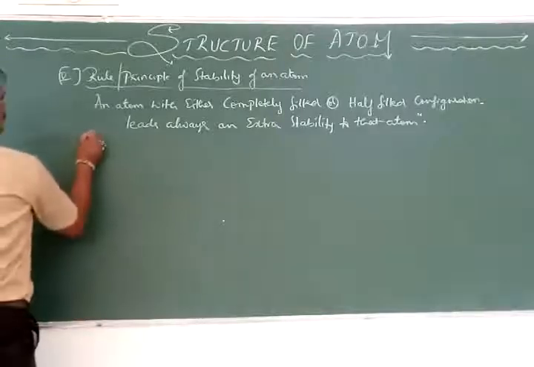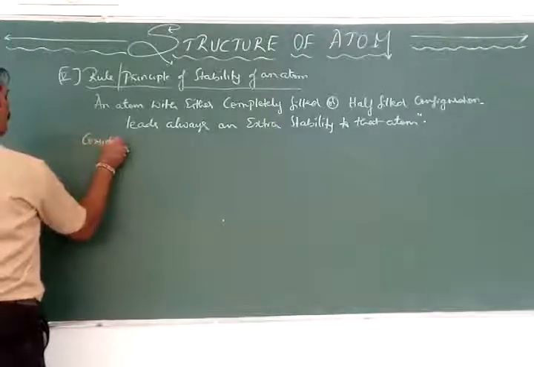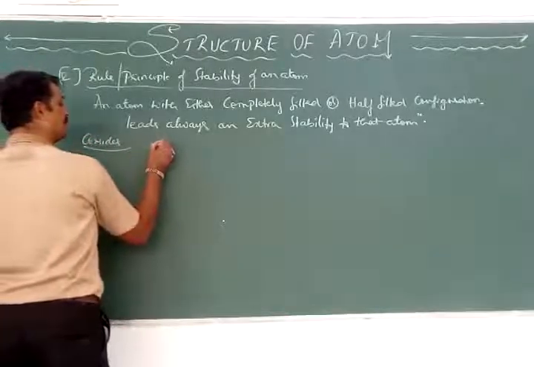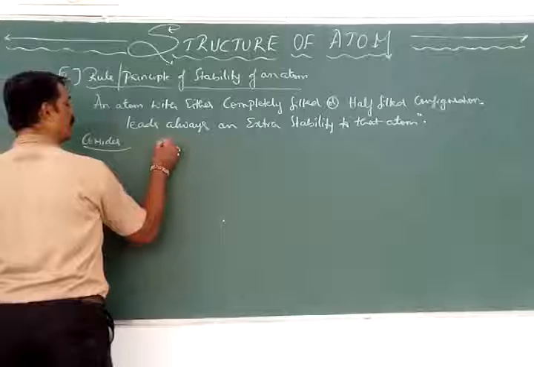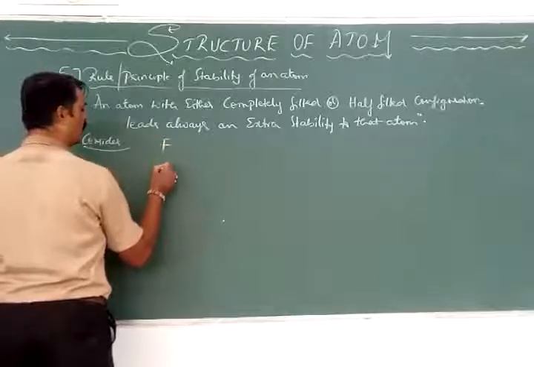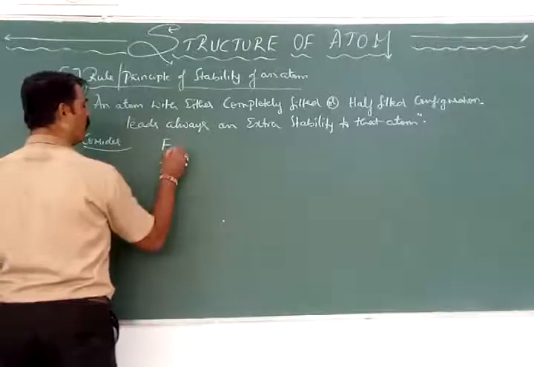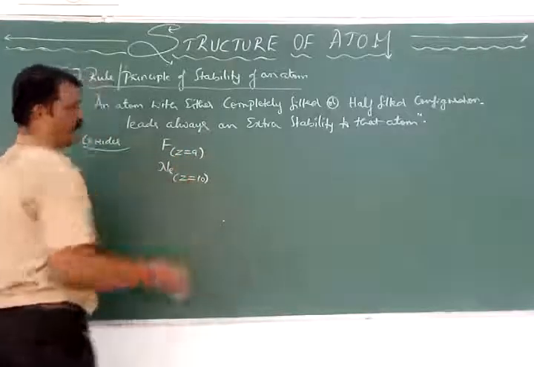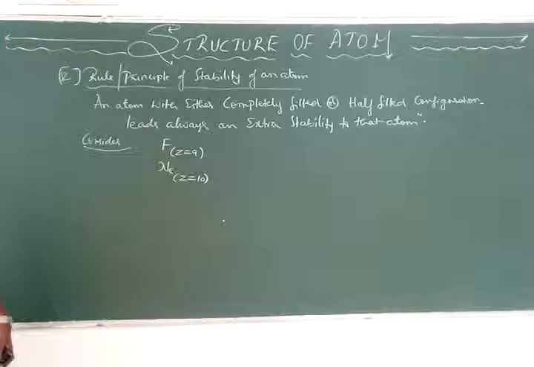So let us take the illustration or consider fluorine and then neon. Fluorine Z is 9, and neon Z is 10.